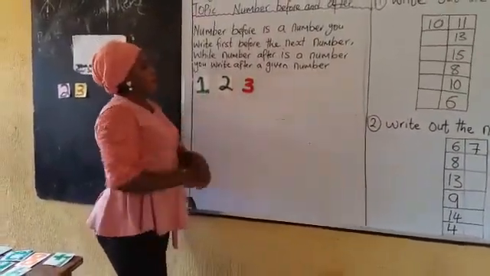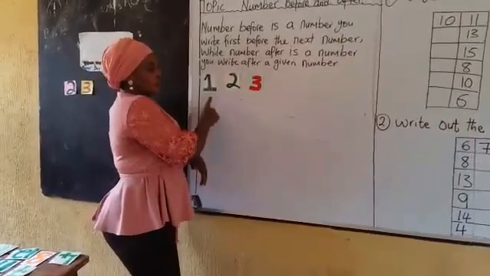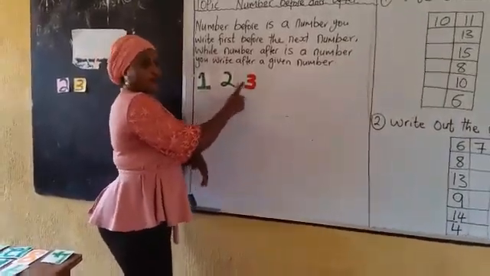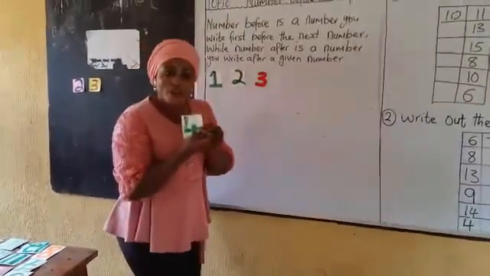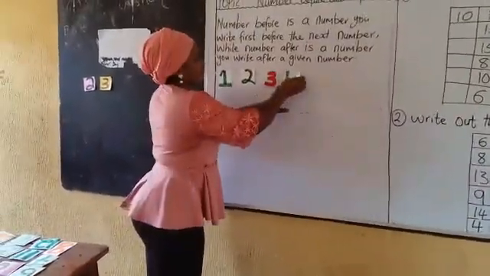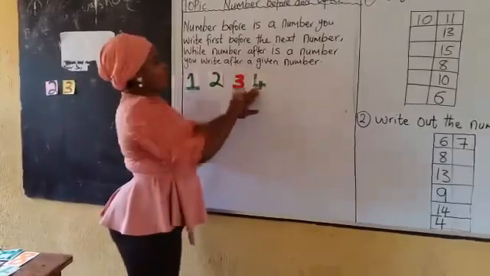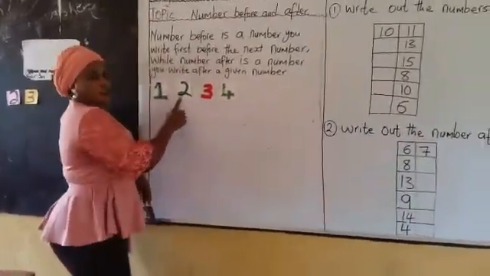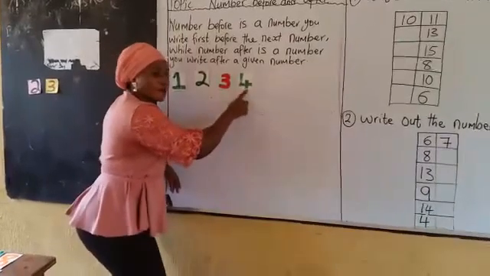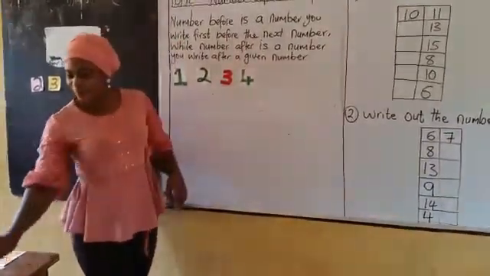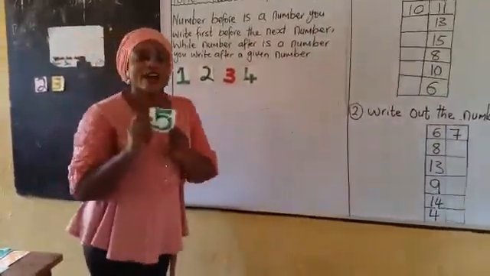Good. 1 before 2, 2 before 3, then 3 before 4. Now we say 1 before 2, 2 before 3, 3 before 4, 4 before 5. That is number 5.